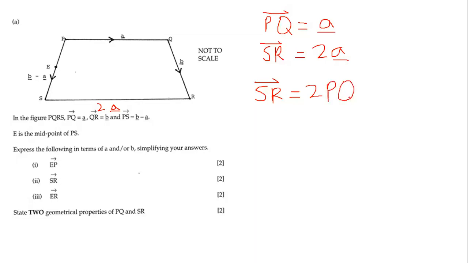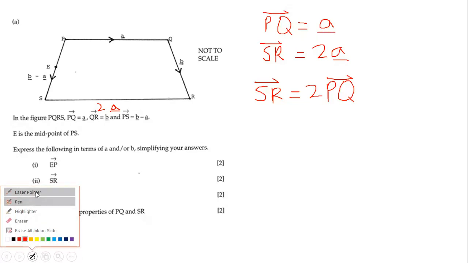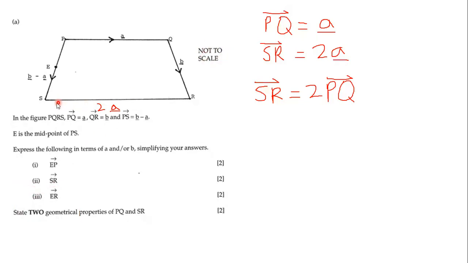That means that SR is twice as long as PQ. We can kind of see that in the diagram, although it's not drawn to scale, but you can see that SR is definitely longer than PQ. How much longer? It is twice as long as PQ. So SR is equal to 2 times PQ, and that means that SR is twice as long as PQ.